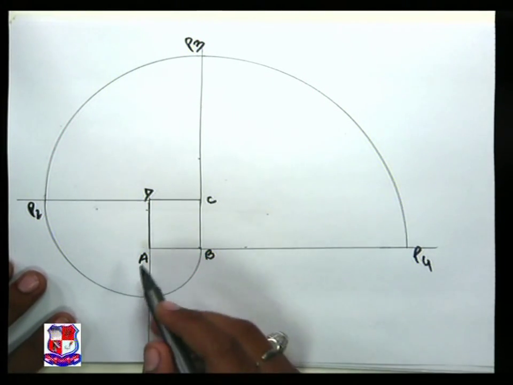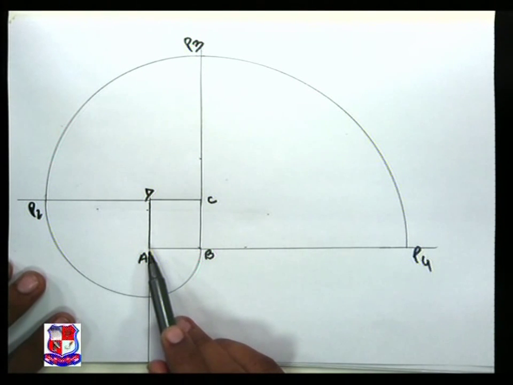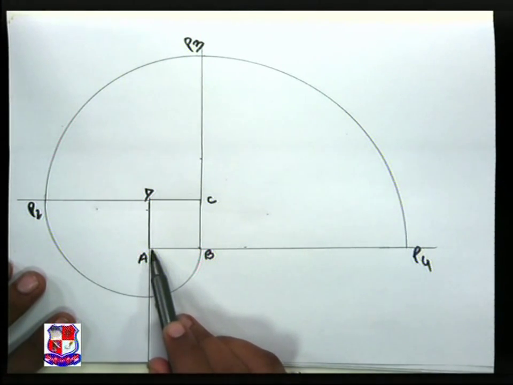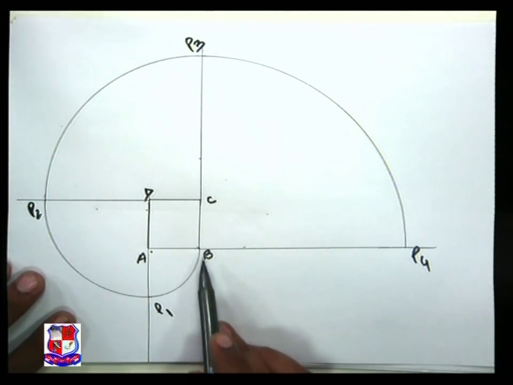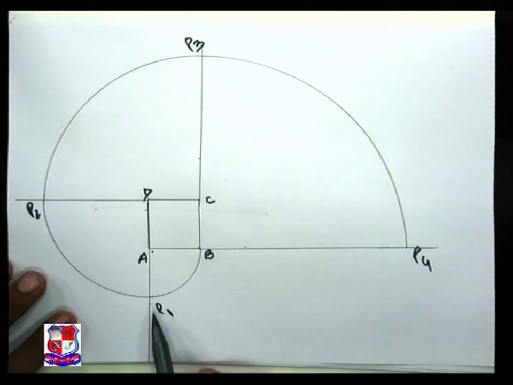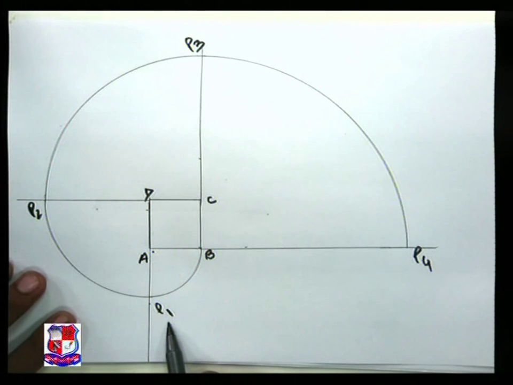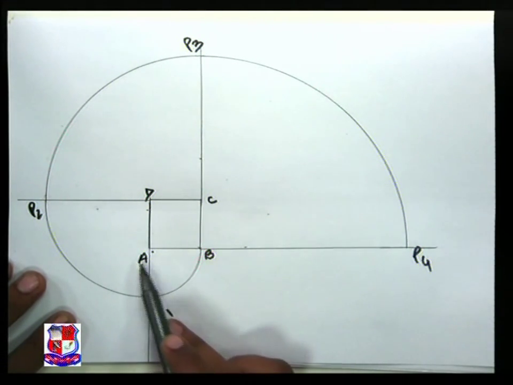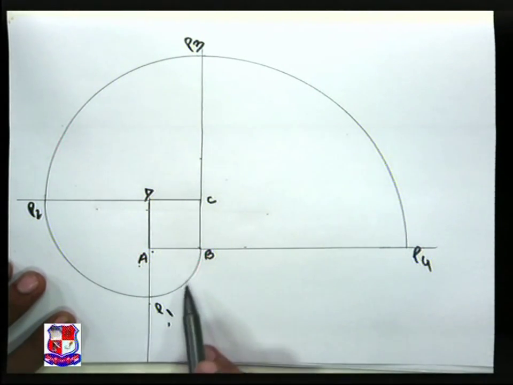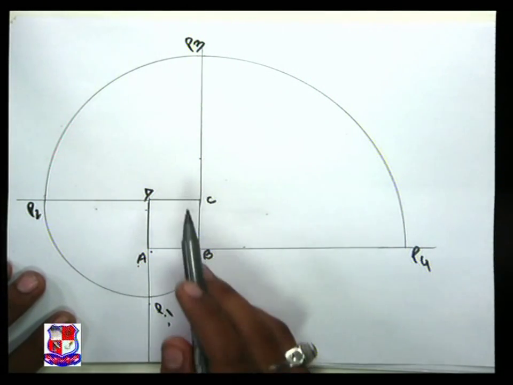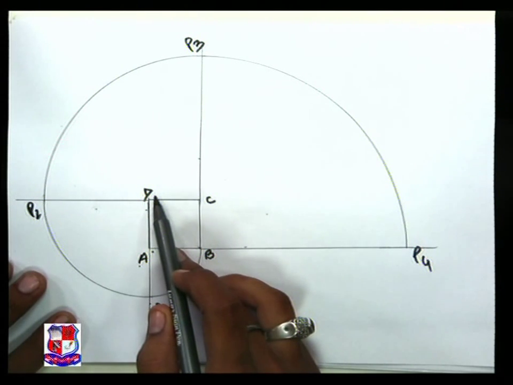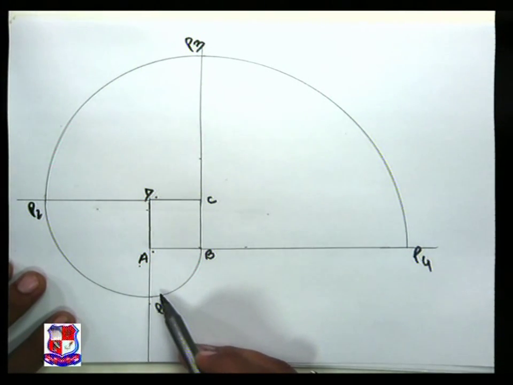Now we will start from here. Point A as center, AB as radius, draw an arc. We have got point number P1. Next step would be D as center, DP1 as radius.